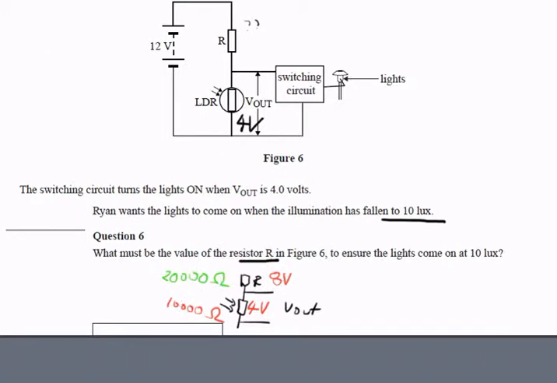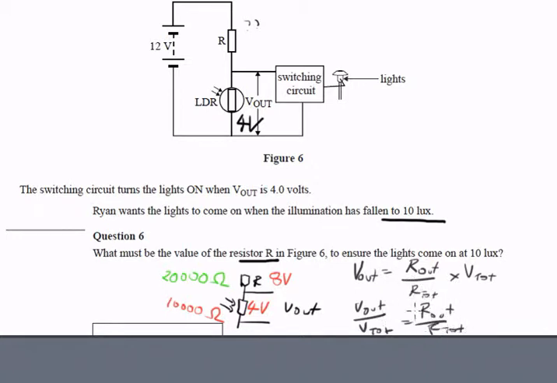The working for that, to make sure we've got everything, is the formula: V out equals R out over R total times V total. Now rearrange that and you get V out over V total equals R out over R total.